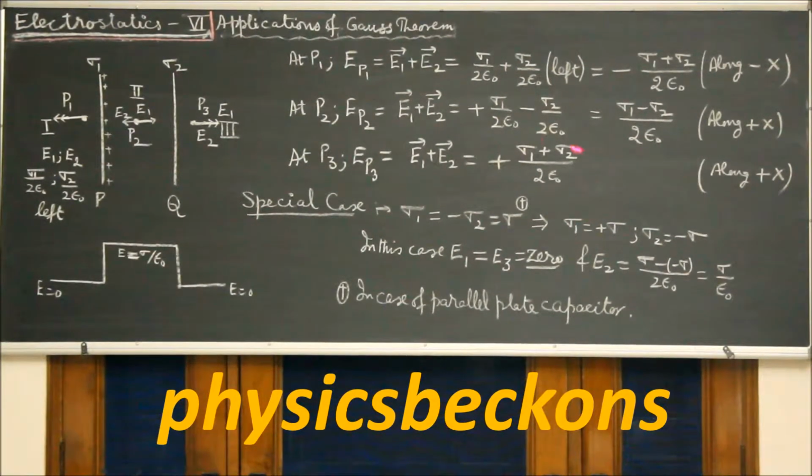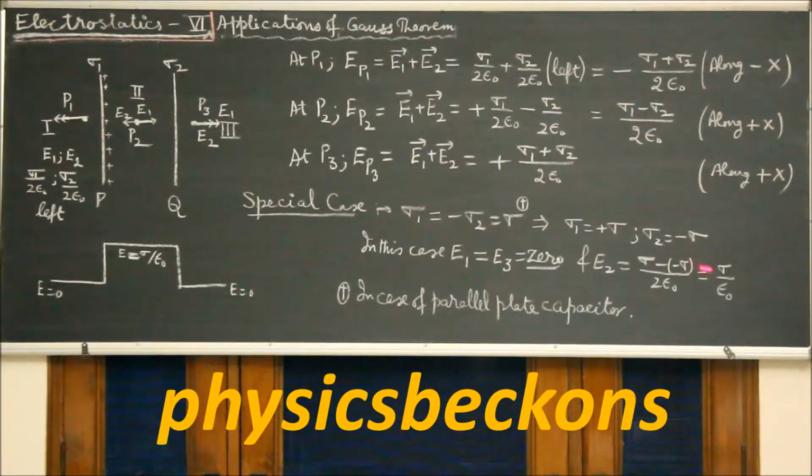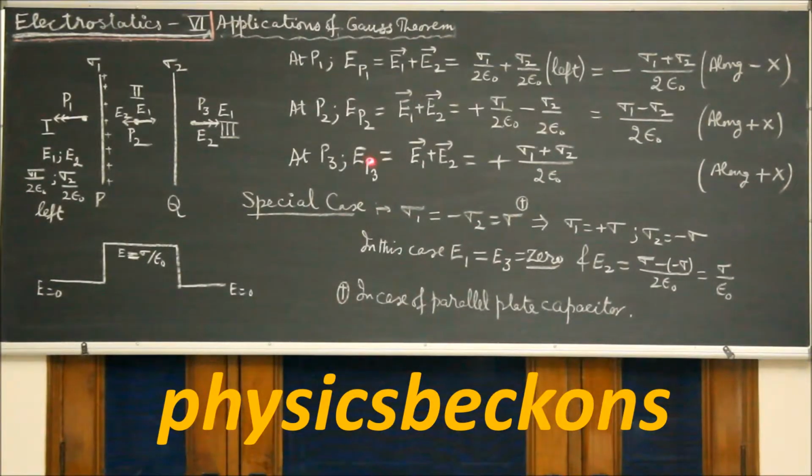Similarly E3 will be 0 and E2 will be sigma plus sigma over 2 epsilon naught, which means 2 sigma over 2 epsilon naught, or sigma over epsilon naught. This special case, that is sigma 1 equal to minus sigma 2 equal to sigma, we get in case of a parallel plate capacitor.